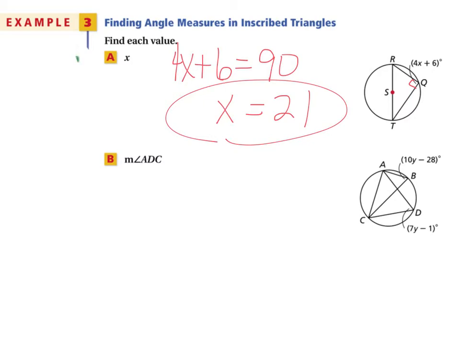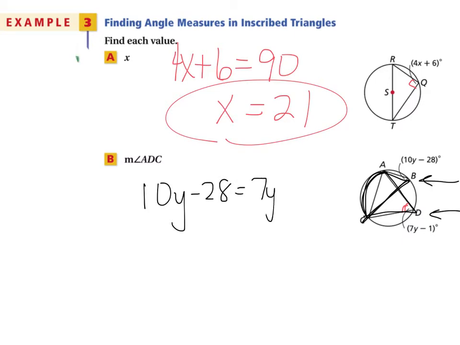In B, the measure of angle ADC, this angle here, is what I need to find. Well, what do we know? We know that ABC and ADC have the same arc. Therefore, these angles here are going to be equal. So I can set 10y minus 28 equals 7y minus 1.